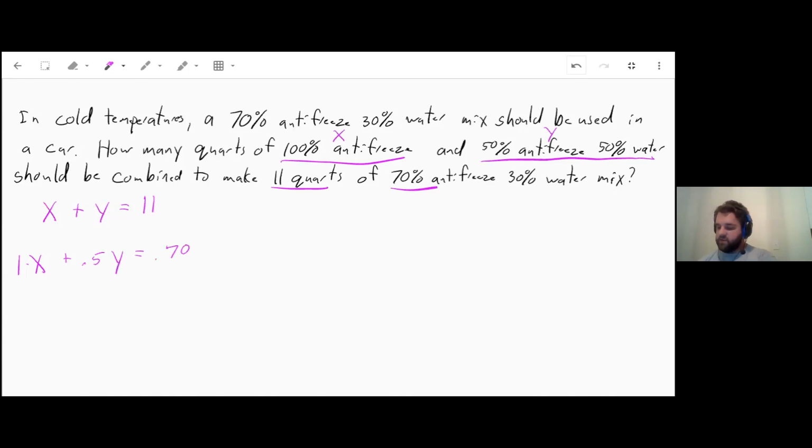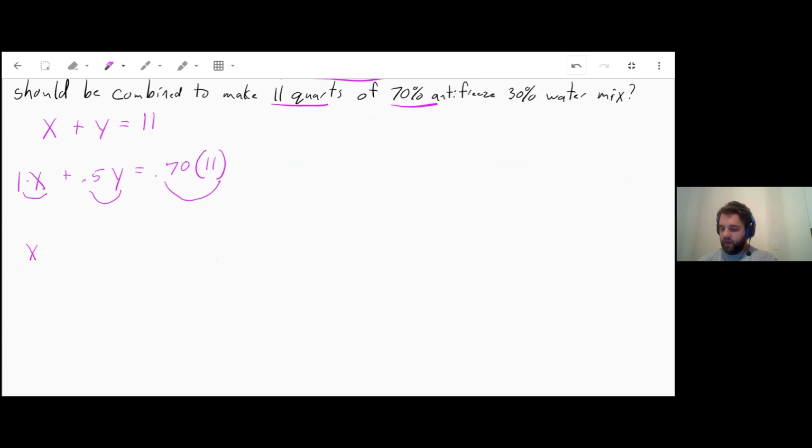Actually, it's 70% times 11, because it's 100% of X quarts, so we're multiplying the percent times the number of quarts, plus 50% times Y quarts equals 70% times 11 quarts. Well, when we do this, we will come out with X plus 0.5Y equals 7.7. And then we also still know from above that X plus Y equals 11.